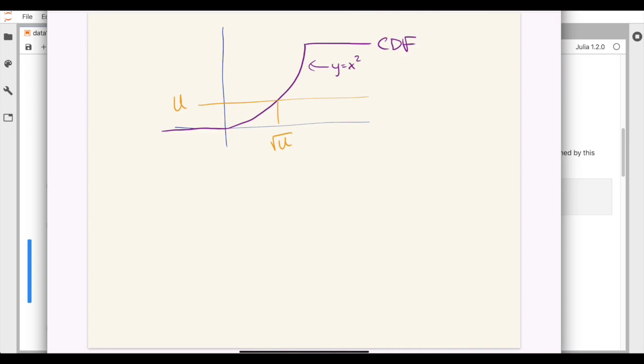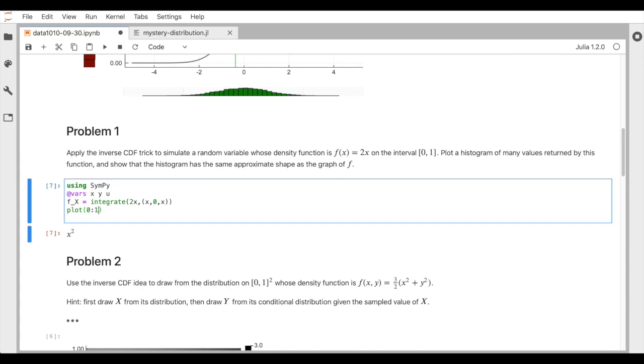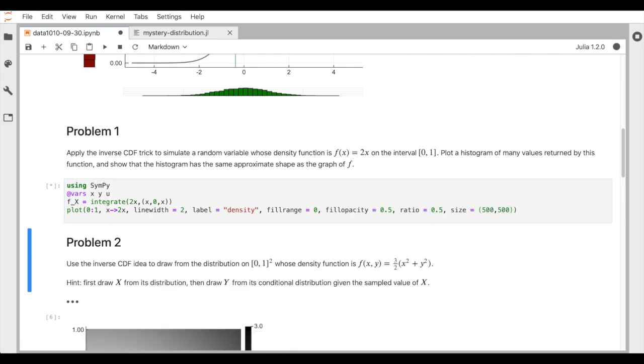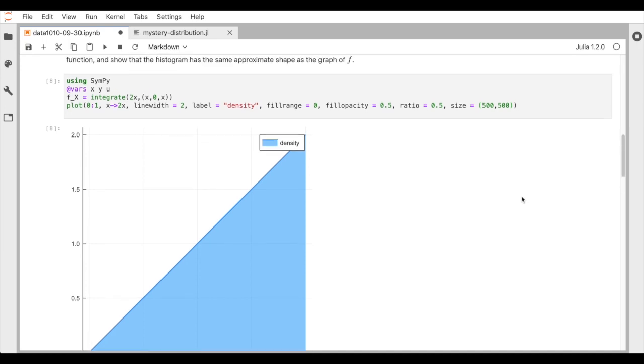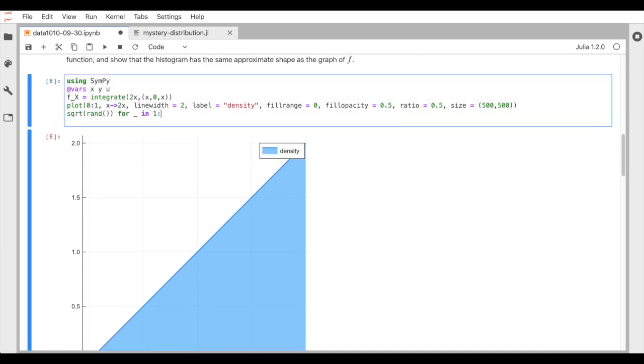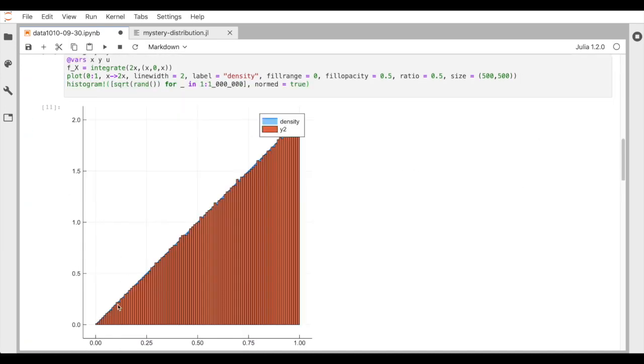We can generate uniform random variables and square root them. So this is our probability density function. We see that our histogram does match up very well with the density.